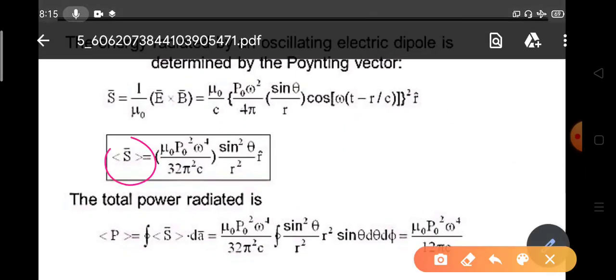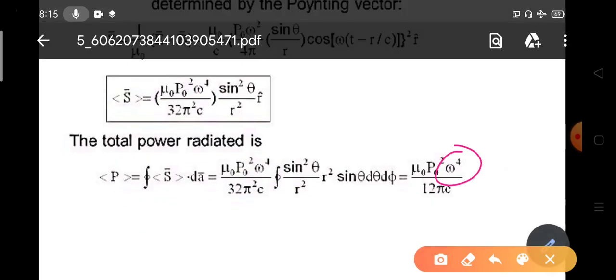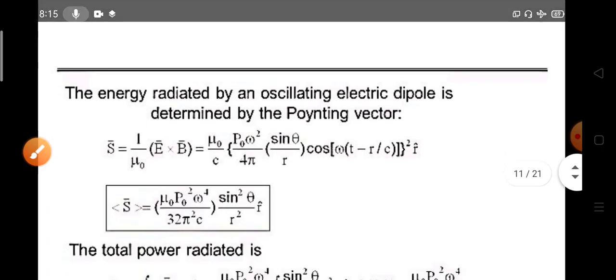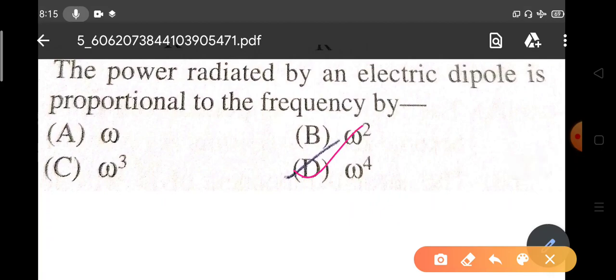The Poynting vector is proportional to omega to the power 4 and the total power can be obtained by averaging the Poynting vector, as integration of S dot dA. So that should be proportional to omega to the power 4. So the power radiated by the oscillating dipole is proportional to omega to the power 4. Okay, so the option is D. That is the correct option.